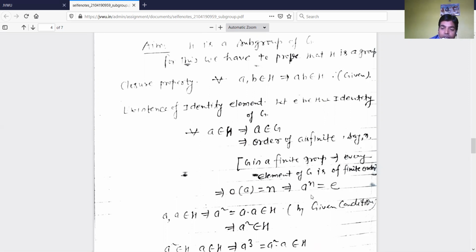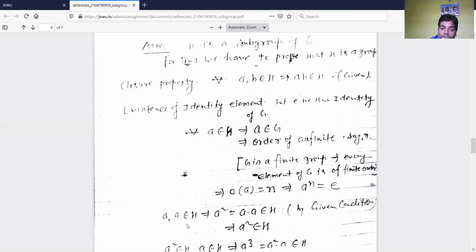That implies A to the power n is equal to E. Here a theorem is also introduced: if G is a finite group, then every element of G will have finite order. What a finite group is, what the order of an element is, and what the order of the group is will be discussed in the next video.